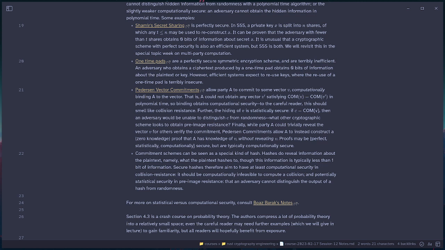Now, what kind of security would that have? What would it look like for it to have statistical security that the committer could not change their value? After thinking about it a little while, you should maybe arrive at a type error.